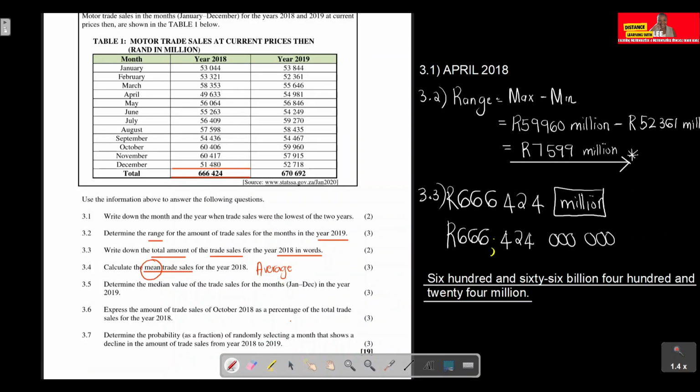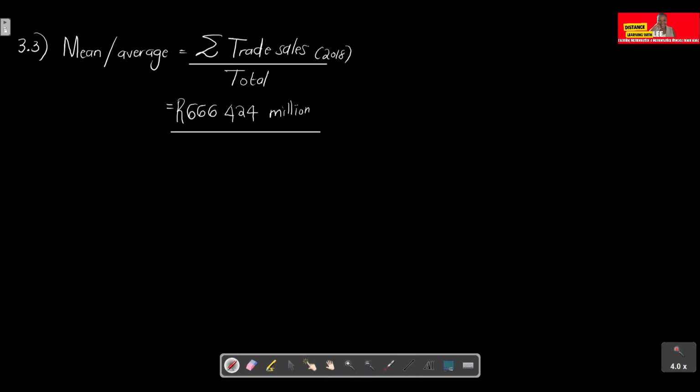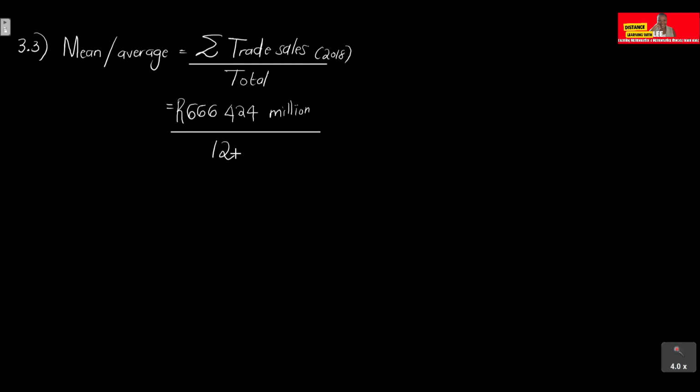They had a total of 1, 2, 3, 4, 5, 6, 7, 8, 9, 10, 11, 12 total sales, because we only have 12 months in a year. So it's divided by the total number of sales. If you punch this into your calculator, you can write it as 666,424 divided by 12. But remember that you're going to keep this unit because it's not canceling with anything.